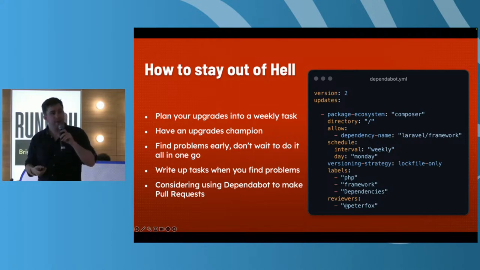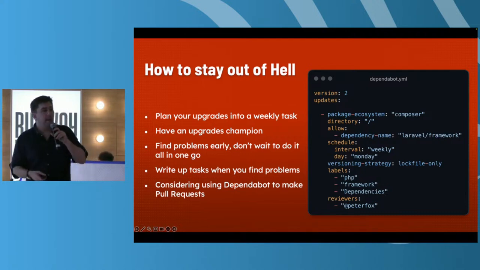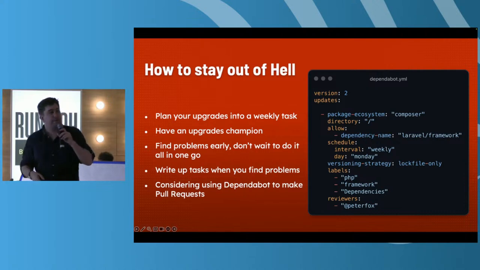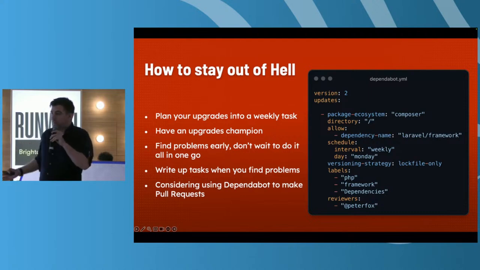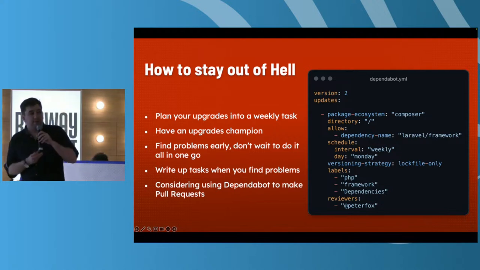From there, you can specify which packages you want to look at, or you can just say, look at all of them. You can even schedule when it makes those PRs, tagging them, all that kind of nice stuff. What it will do is then start creating PRs for you, which automatically have just that package updated if possible. It's really useful.